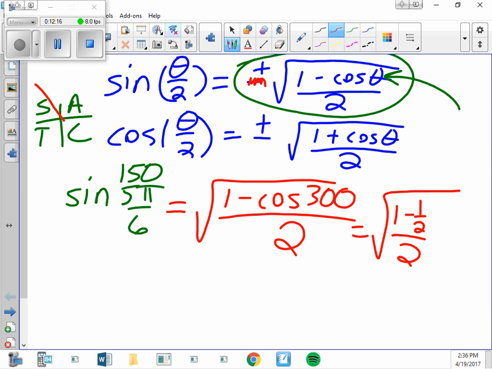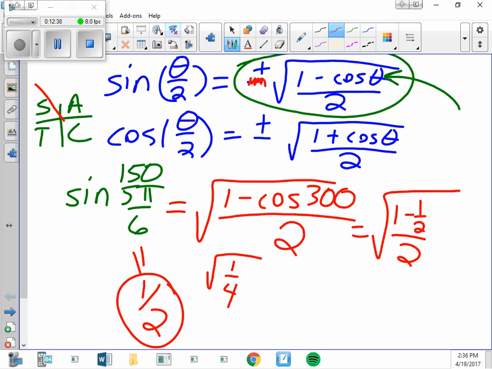What is 1 minus 1/2? A half. What is a half divided by 2? A fourth. So this basically turns into the square root of 1/4. Can we square root 1 and can we square root 4? 1 and 2. So the answer is 1/2. Now that was a really easy one.